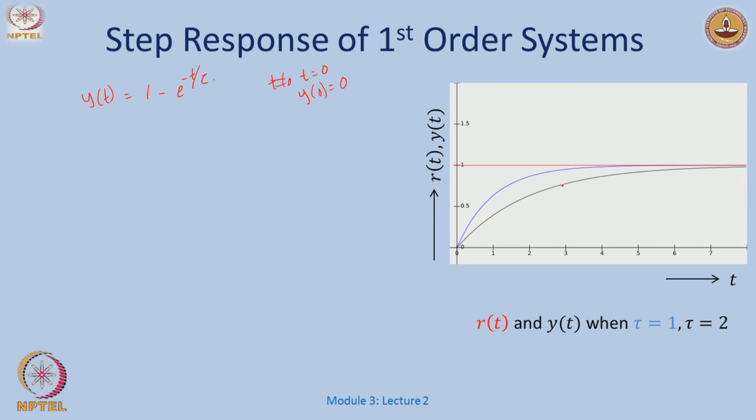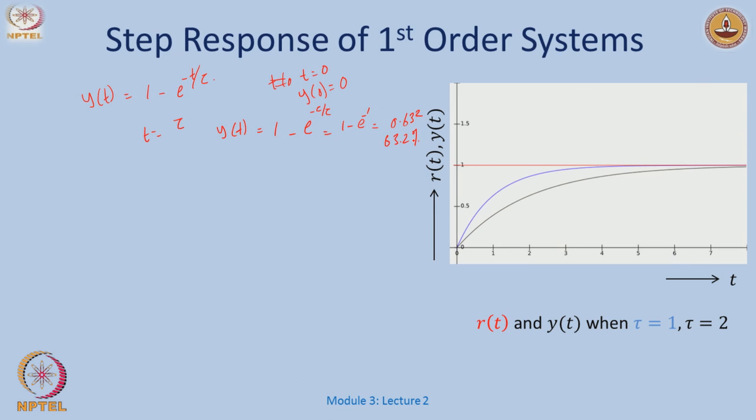And at t equal to the value of the time constant, y of t is 1 minus e power minus tau over tau, so I am just looking at 1 minus e power minus 1, which is 0.632, or 63.2% of the final value.